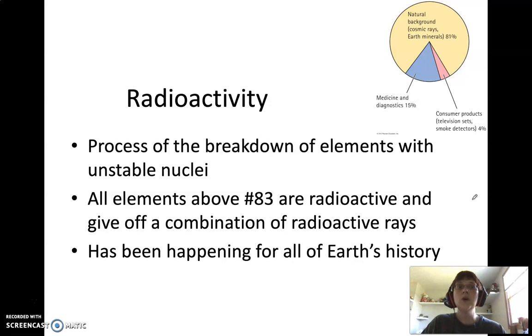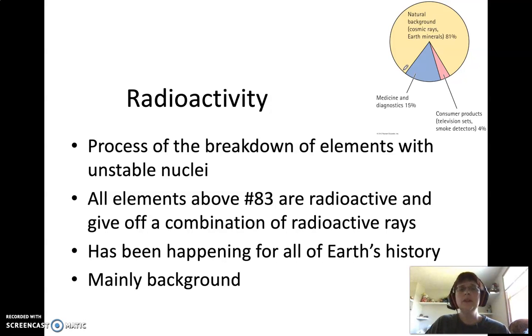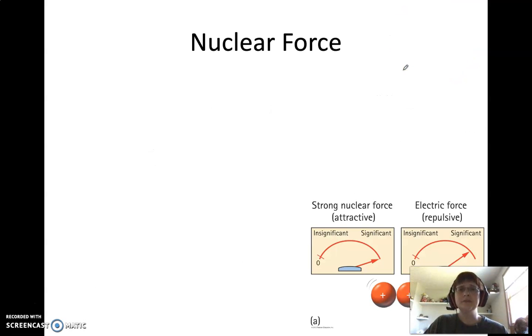So there is a very small fraction of radiation coming off the products in your home, but a majority of your radiation exposure is actually coming from natural sources. So again, most of it is this background radiation.